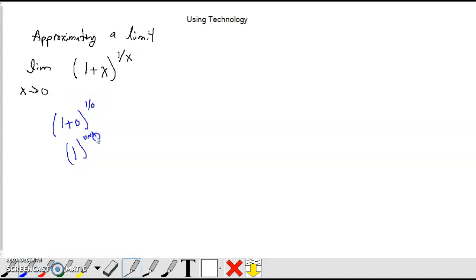So I'm basically trying to raise 1 to a power of undefined, and that seems like it should be 1. There's no dividing out, I can't take something away, I can't rationalize anything. And so this would be an example of where we'd want to use technology.